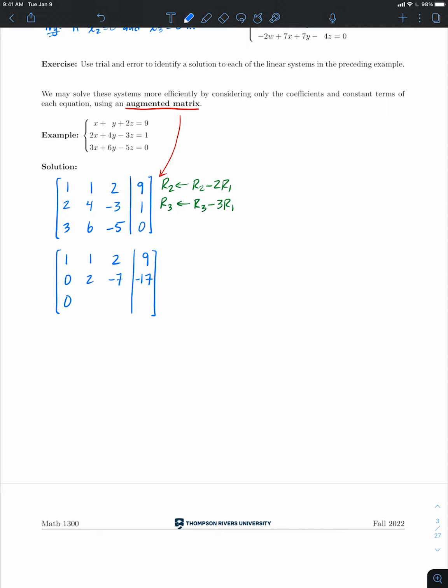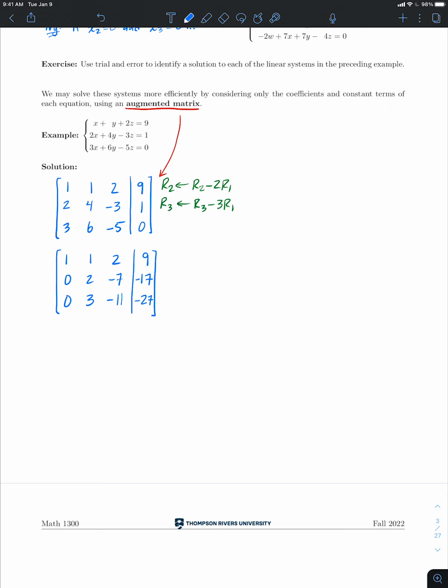That's 6 minus 3, which gives us a 3. Then we have negative 5 minus 3 times 2. That's negative 5 minus 6, which is negative 11. And here we have 0 minus 3 times 9, so that's like 0 minus 27. So we'll have negative 27.